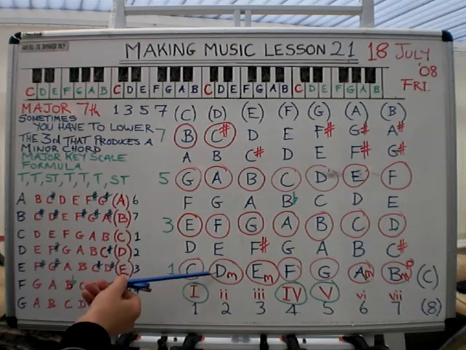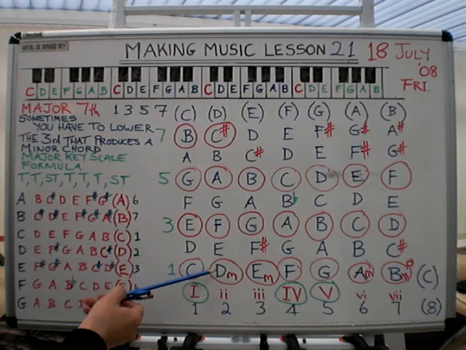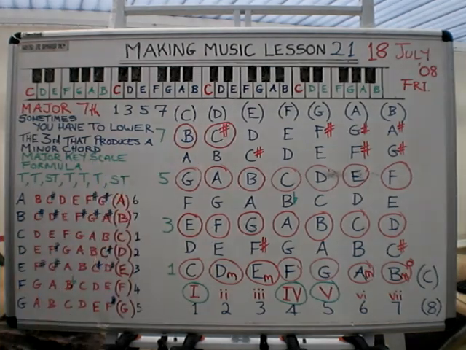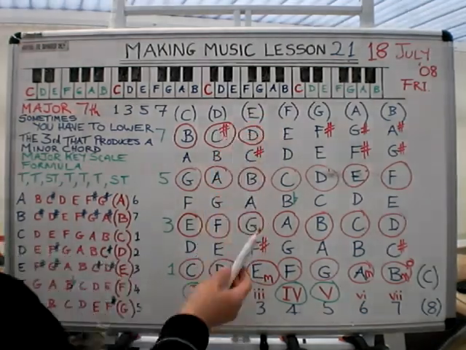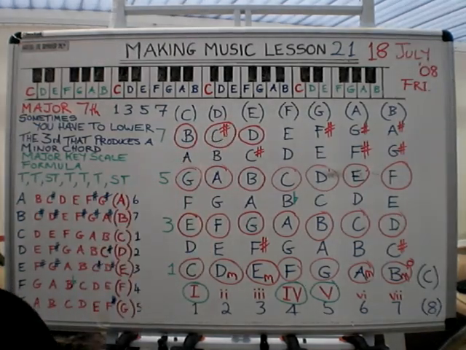Again, as we spoke about 1, 3, 5, 7, we've created a D major 7th chord. Naturally, just to keep repeating, we're going to create an E major 7th chord.